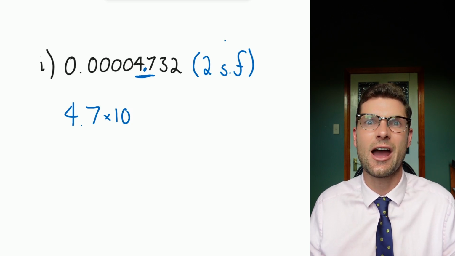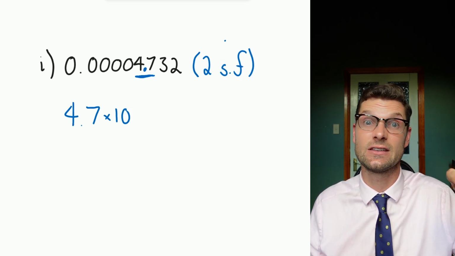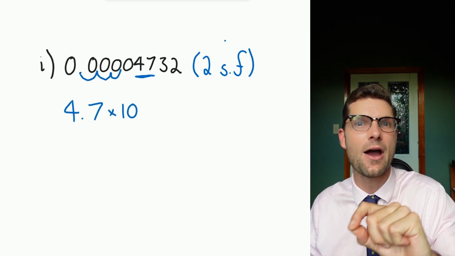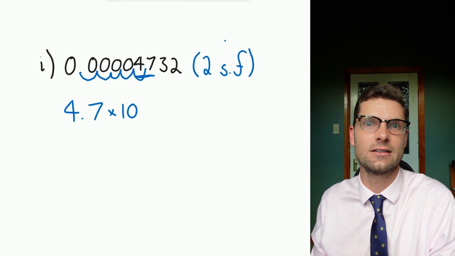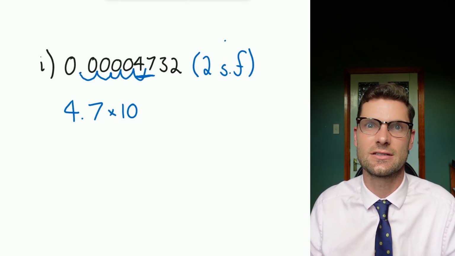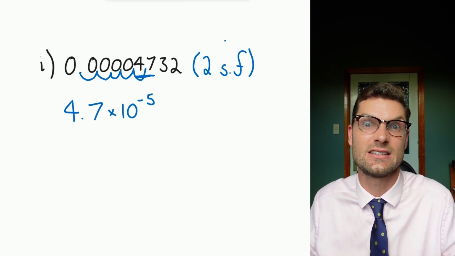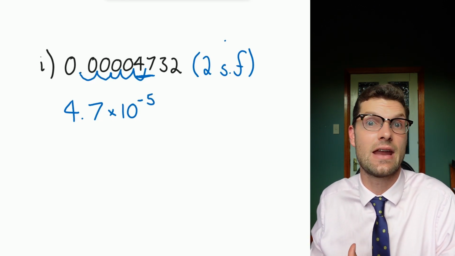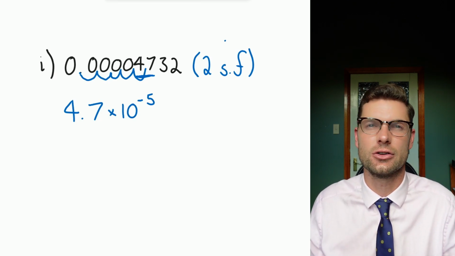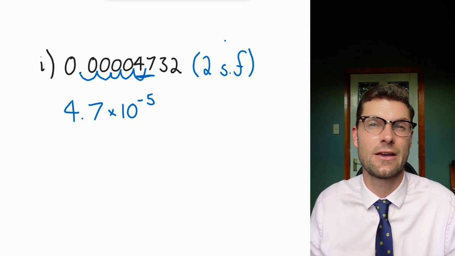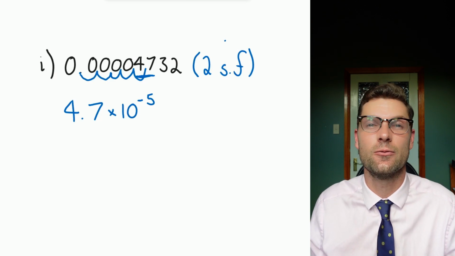All we've got to do now is take the decimal point that's in our question and count how many times to get to where we need it to be in between those 2 numbers. For this one, it's got to go 1, 2, 3, 4, 5. So my answer is 4.7 times 10 to the power of -5. And that's all you've got to do. Throw it in your calculator, see if it looks the same, but I guarantee you would have got this right.